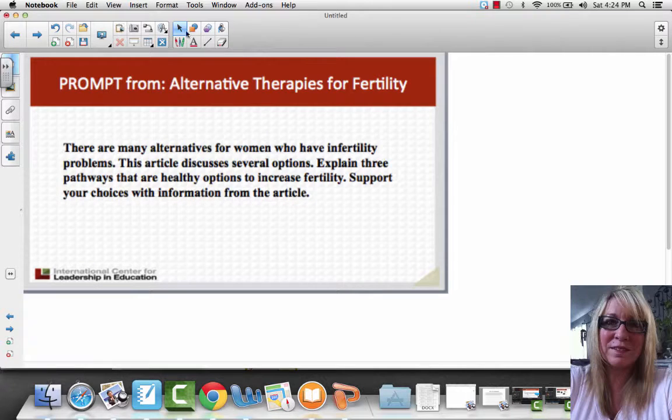So let's circle the verbs. Explain, support, and let's underline important details. So, 3 pathways, healthy options to increase fertility.